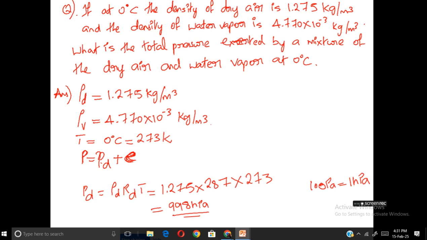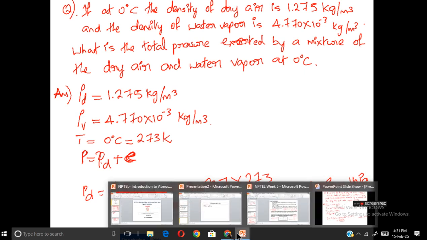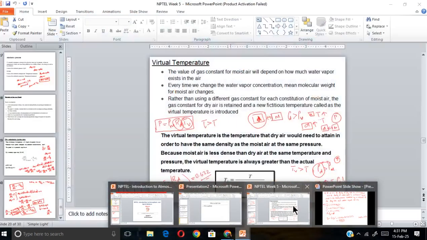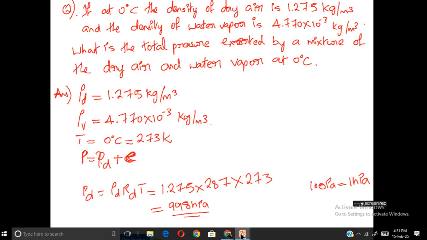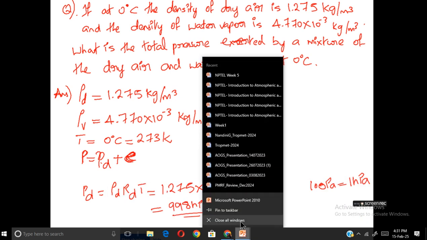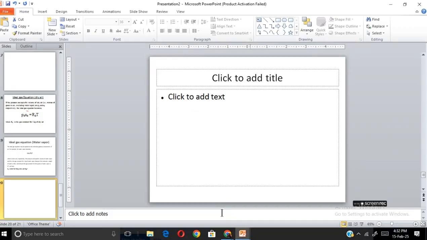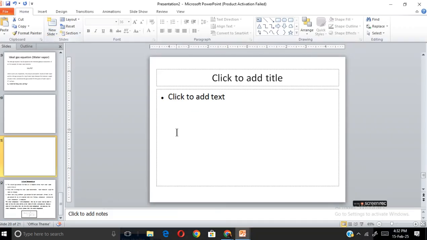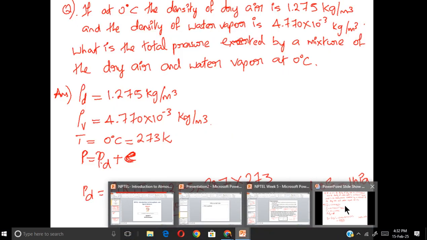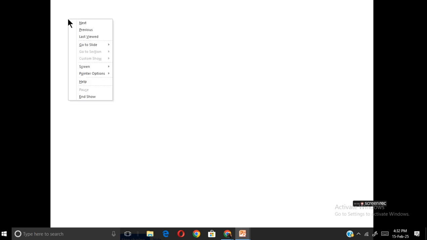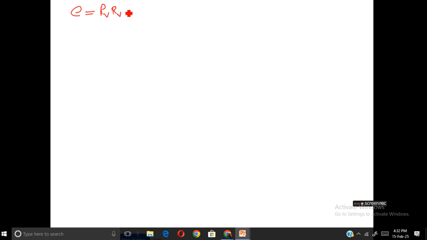That is in case of dry air. Now calculate the pressure exerted by the water vapor, the vapor pressure. What will be the vapor pressure? In case of vapor, E is equal to rho V RV into T, which will be 4.770 into 10 raised to minus 3 into RV.